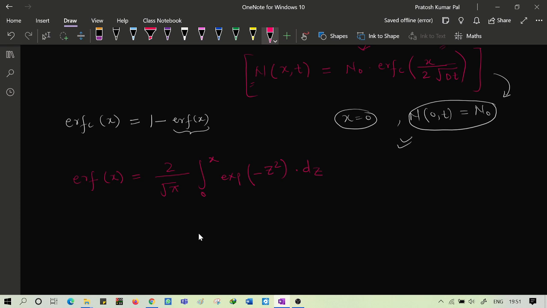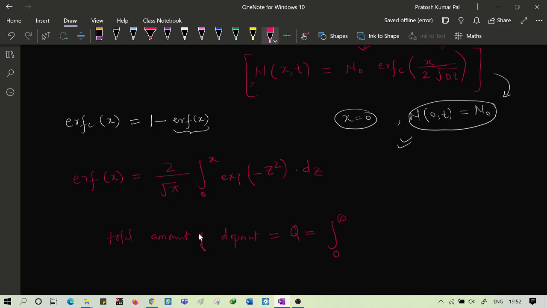Now if we want to find the total amount of dopant, the total amount of dopant is given by Q, and that will be equal to the integration of the concentration of dopant at x and t.